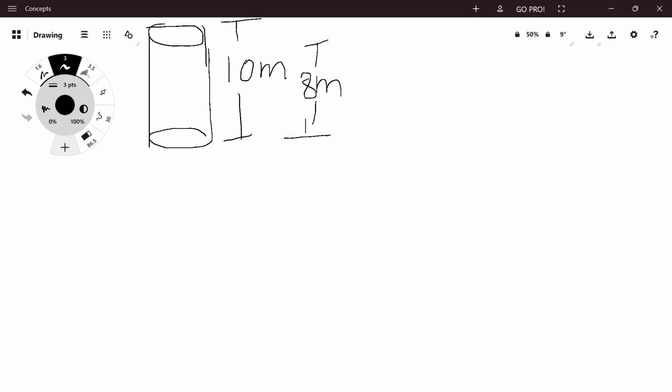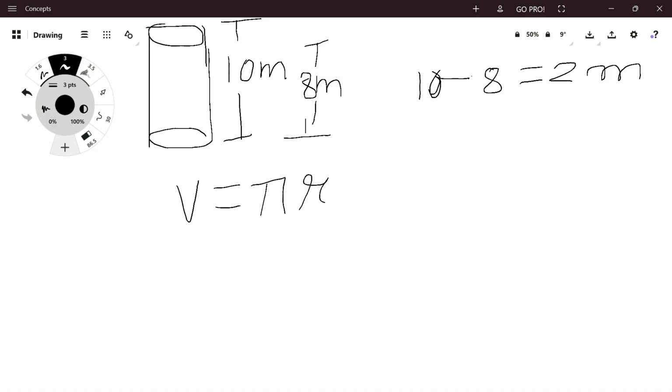So the remaining difference will be 10 minus 8, which is equal to 2 meters. Now the additional volume, given that the radius is r, the volume of the cylinder will be V equal to pi r square h, using the value of pi as 22 by 7.